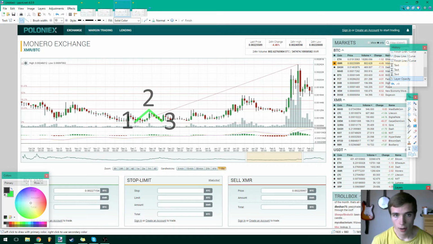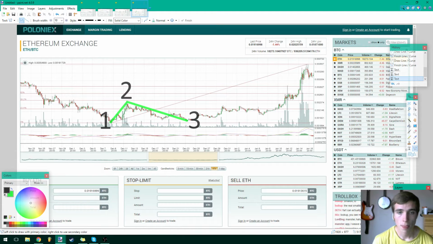So you can see how it hit this low point right here and then came up to this 2 point and then came to test it again, and it failed to test that low and broke high and continued breaking high after that point. Now let's look at XMR.